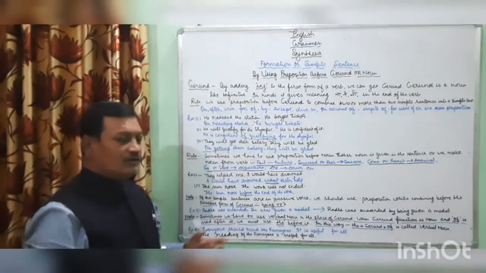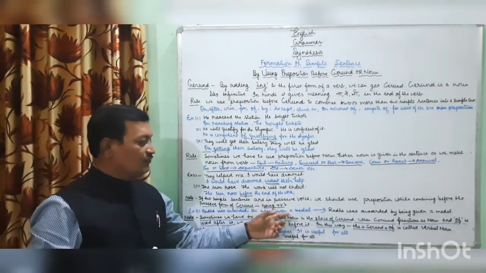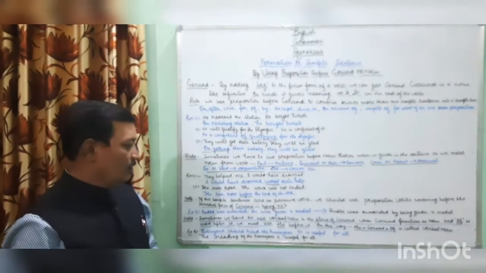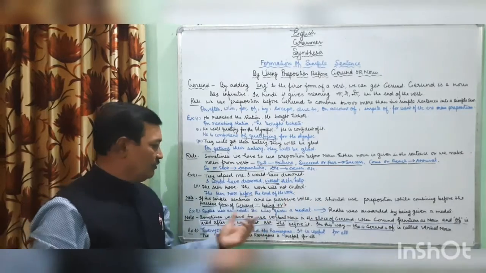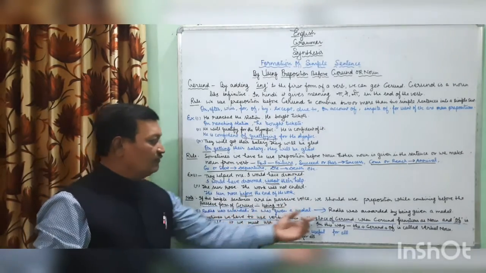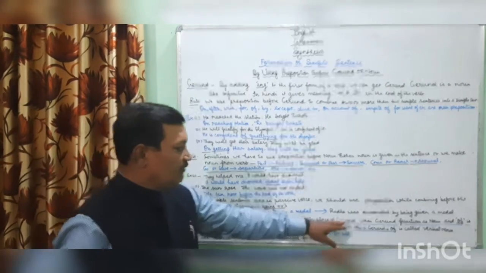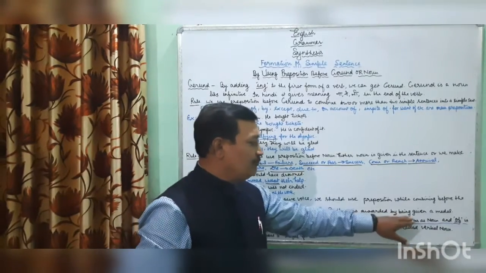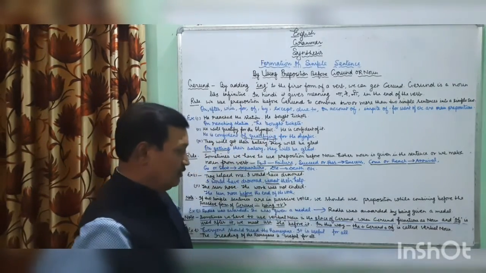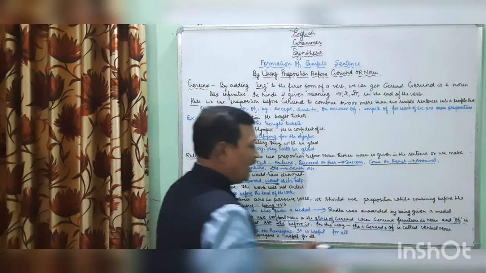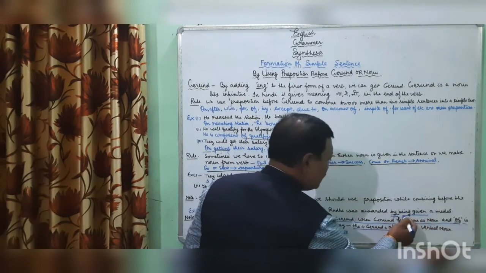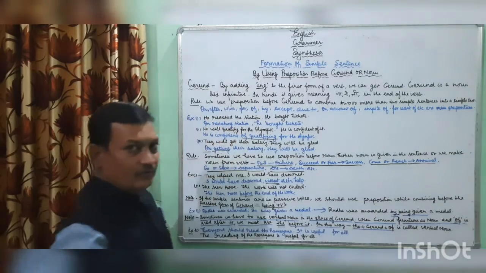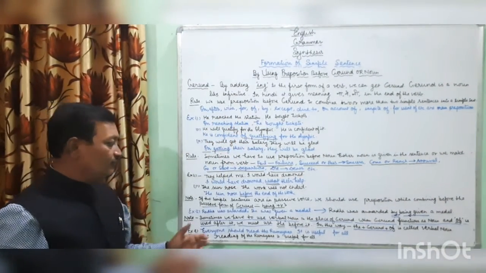Radha was awarded, she was given a medal. Students, I have combined these two sentences here. Radha was awarded by being given a medal. Students, you can see I have used here preposition by before gerund, being given.